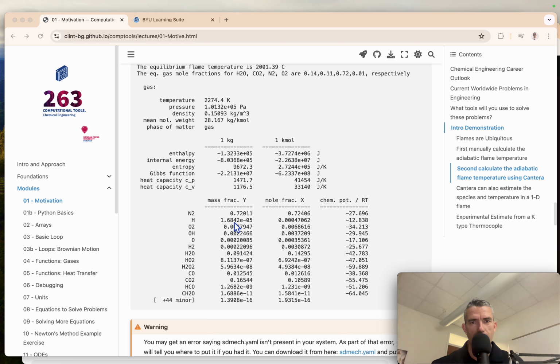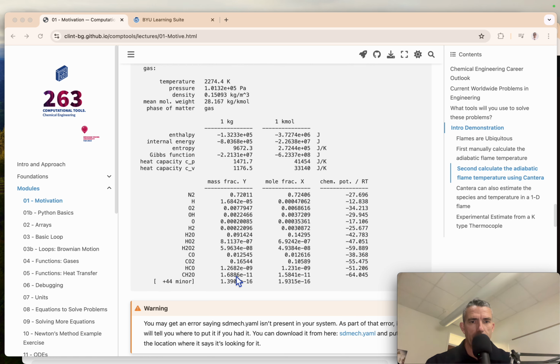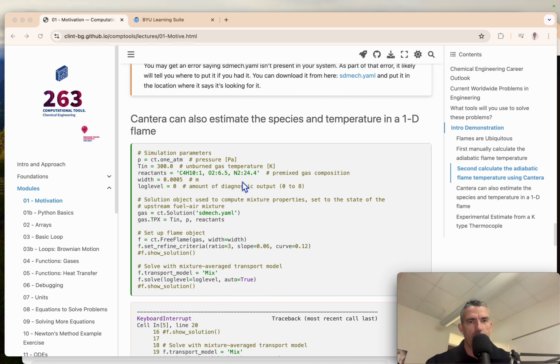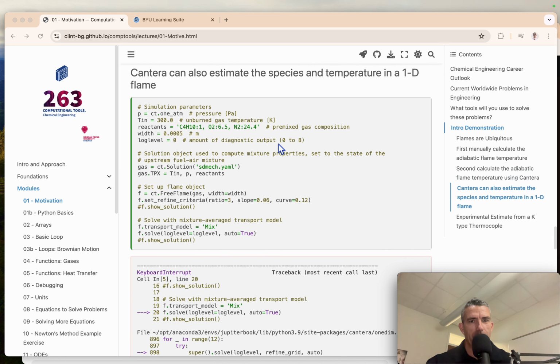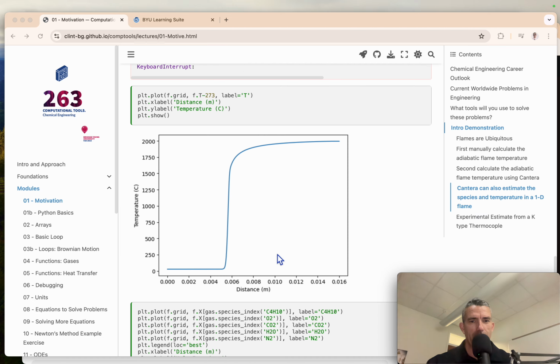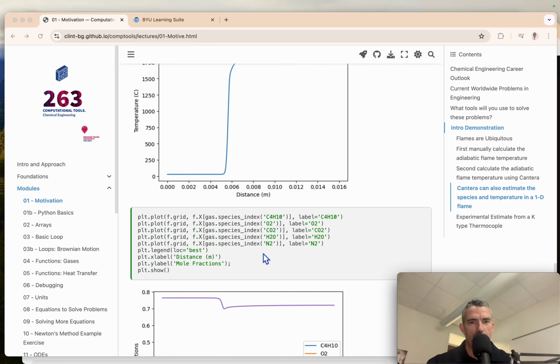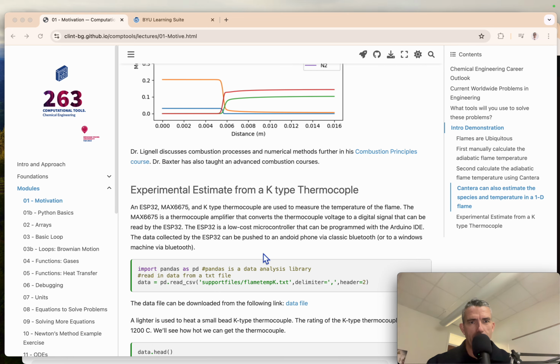This is at the flame temperature, 2200 degrees Kelvin, what the species are that exist at that temperature per the thermodynamics of each one of those species. So you can also use Cantera to get the species as a function of position, and the flame temperature as a function of position as you move through the flame. We'll talk more about that.